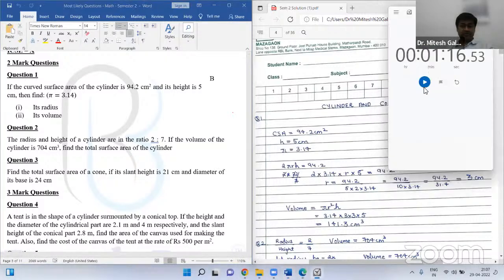Go for it, everybody. Let me put the timer on again. The ratio of the radius and the height is 2:7. Volume 704.